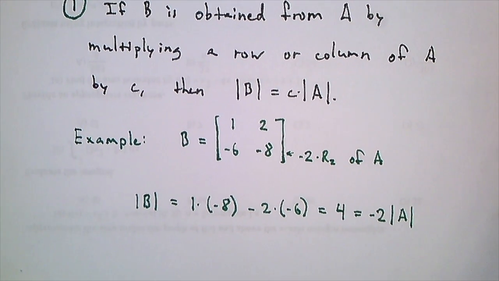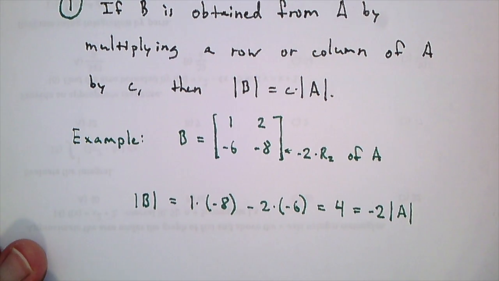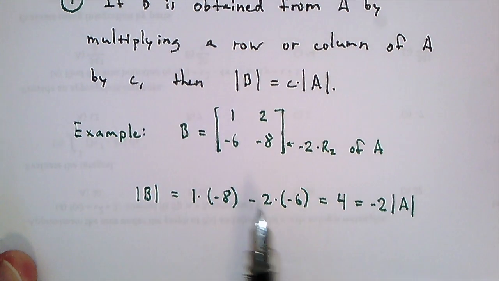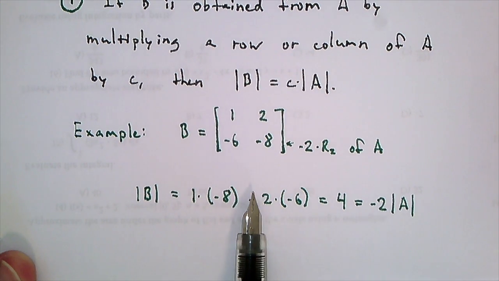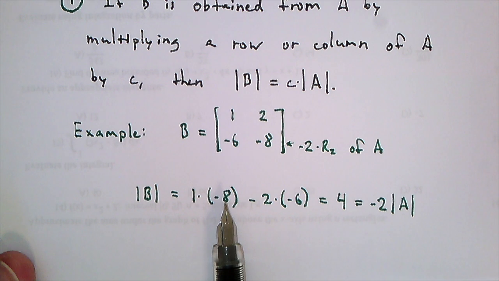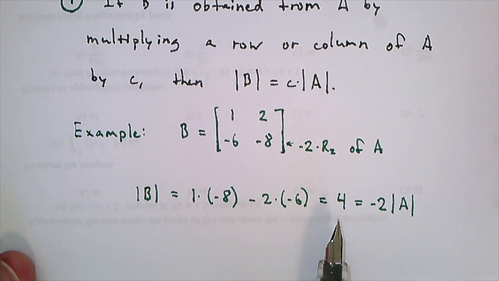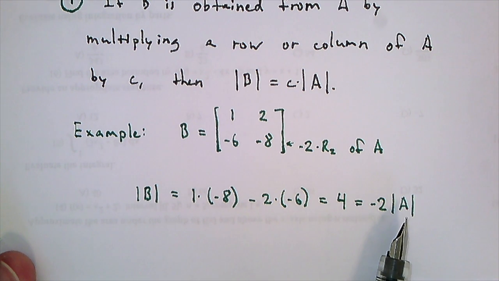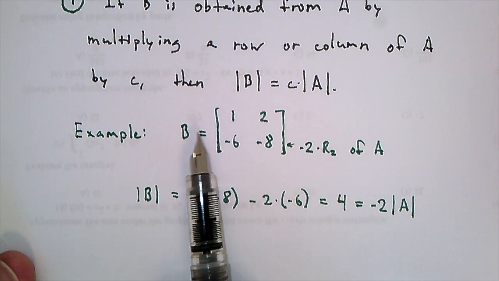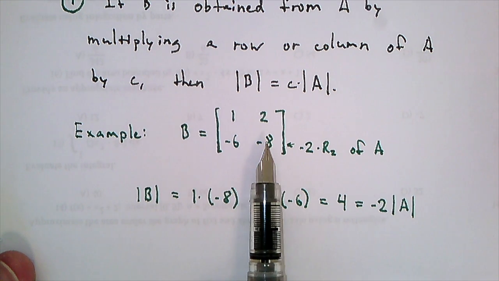So let's check this property of the theorem by working through the determinant for B. We multiply 1 and minus 8 and subtract the product of 2 and minus 6. So this is minus 8 plus 12, which comes out to 4. Now 4 is minus 2 times minus 2, so that's minus 2 times the determinant of A. And this is exactly what we expect to see from the theorem, since our matrix B has been obtained by multiplying the second row of A by minus 2.